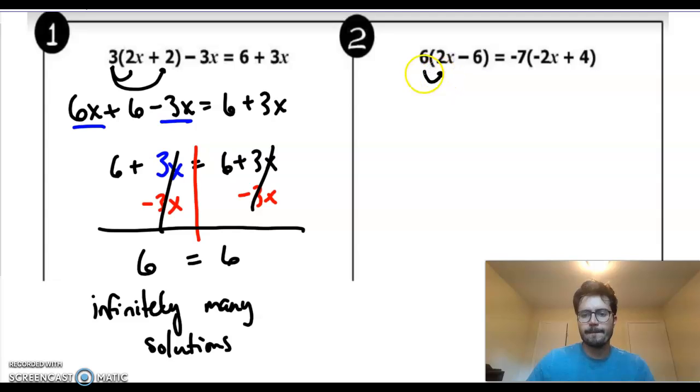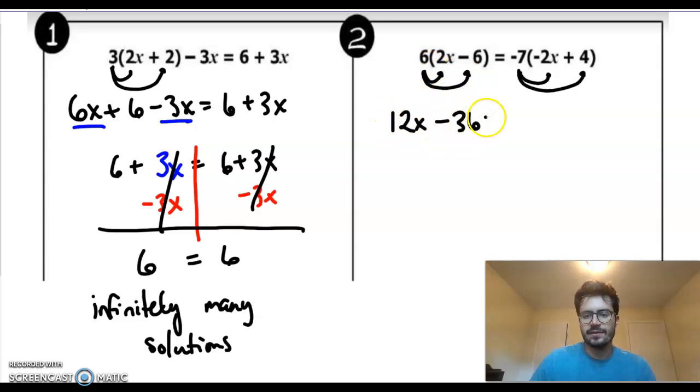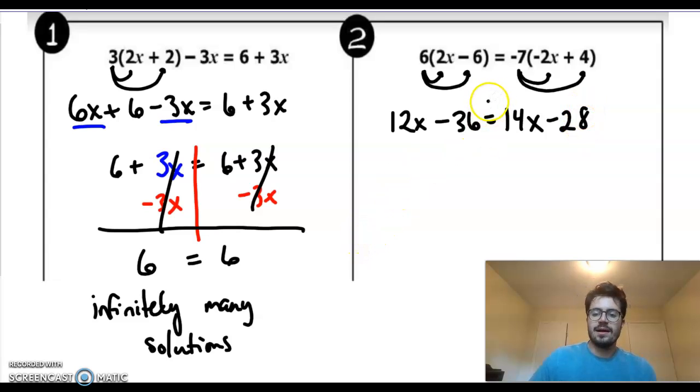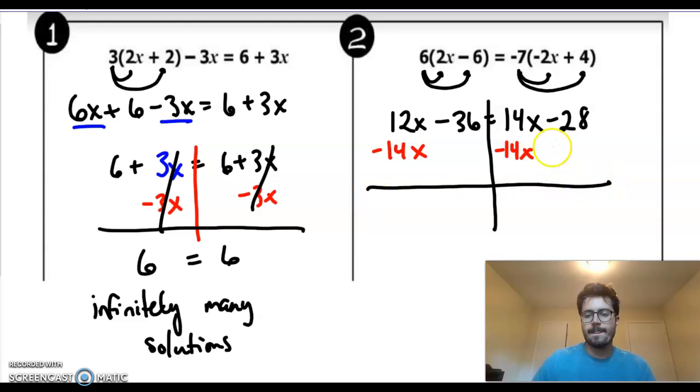What about here? Let's see what happens. 6 times 2x, that's 12x, and then 6 times negative 6, negative 36. Negative 7 times negative 2x, that's 14x, positive, and then we have minus 28. I'm going to bring all my variables to the left side just because I like to. 12 minus 14x, that's negative 2x.